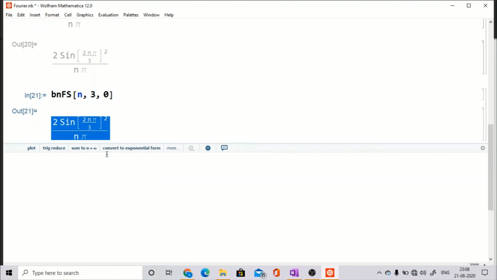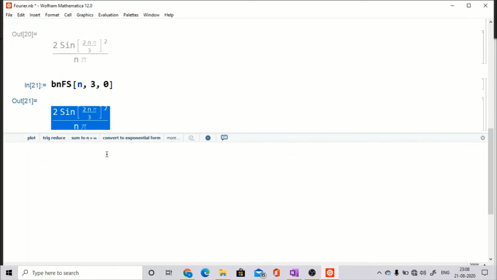This is how I can calculate my Fourier coefficients. Once you know this, you can also find the Fourier series, since you know the Fourier coefficients. So this is how you can find the Fourier coefficients of a periodic function, and how you can solve another very interesting problem of physics.